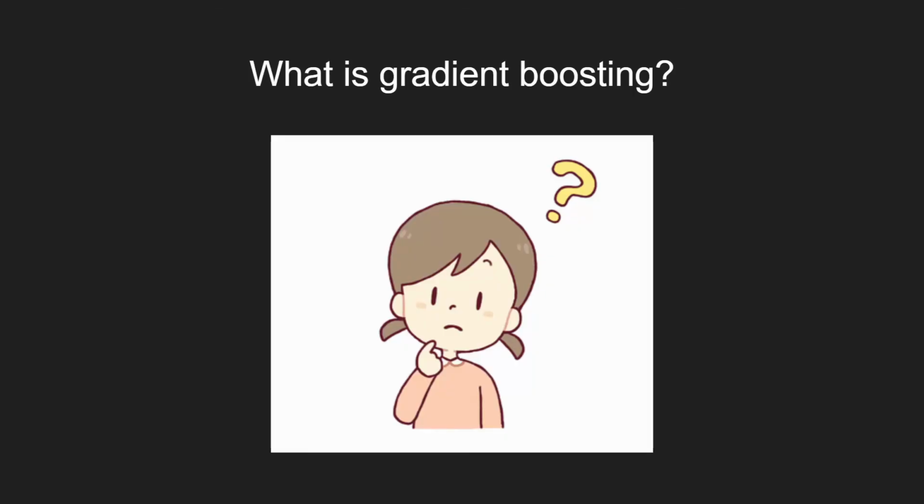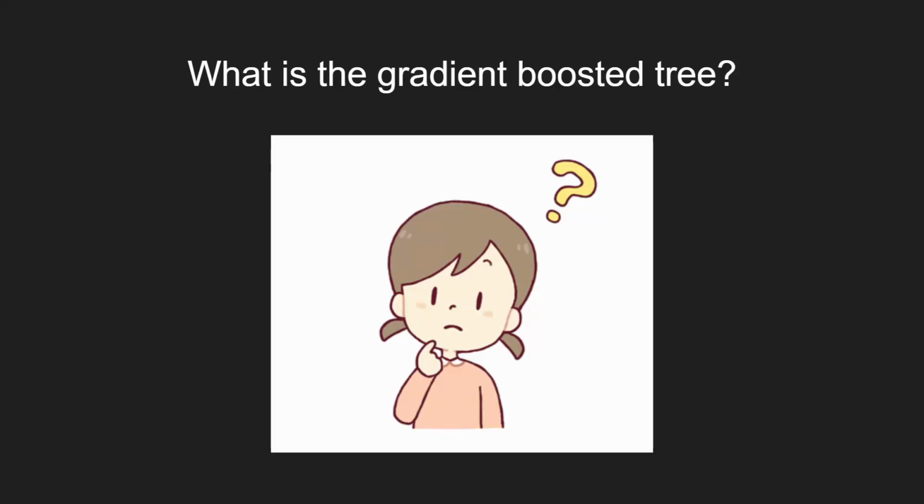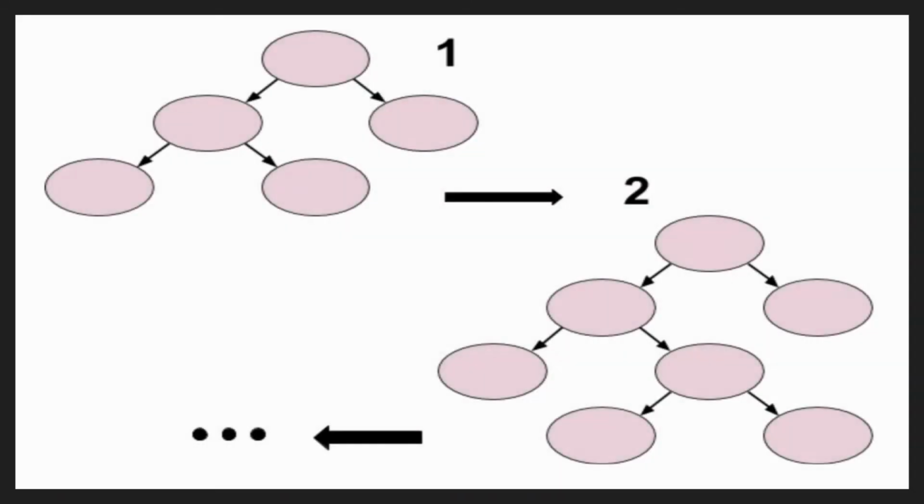Now, of course you may ask, what is gradient boosting? It is a machine learning algorithm that produces a predictive model in the form of an ensemble of weak prediction models. Here, these are the decision trees. We iterate this algorithm 100 times.